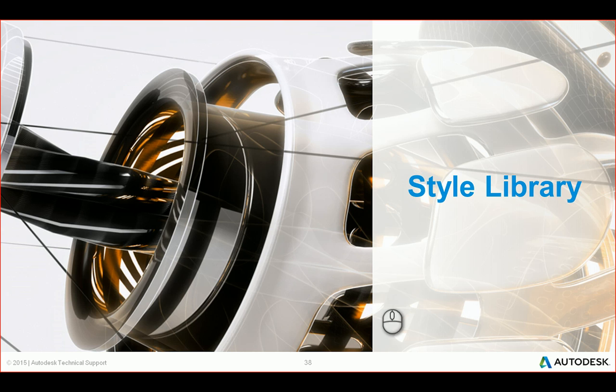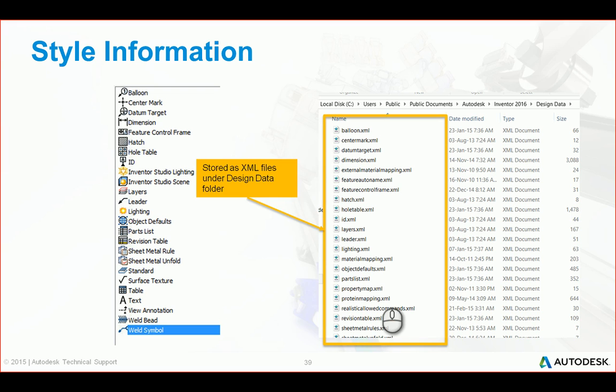Okay. Style libraries. This is your design data. You'll notice that if you go into the styles and it shows you the whole list of styles, for each style there's pretty much an XML file.